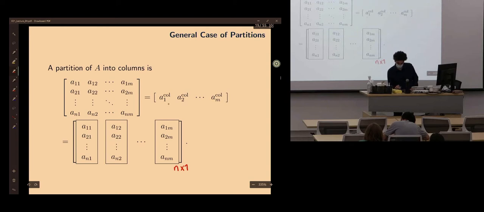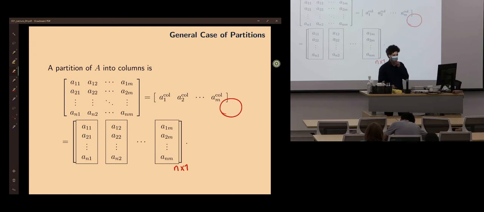Now, by the way, when you look at this matrix, what's the size I should put here? I think that's a good test. Given all the information from the notation you see, if I see the right-hand side and nothing else, based on previous definitions, how do you read this line?